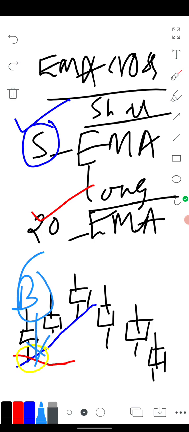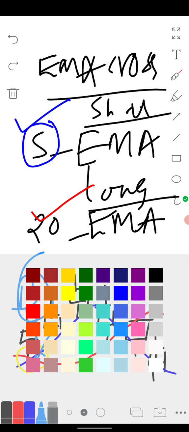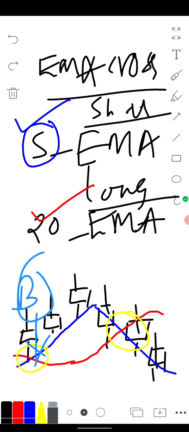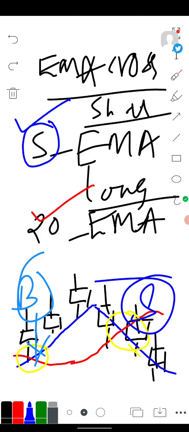And when the same blue line crosses below, if it goes like this, now you can see over here, in this place the short EMA comes below the long EMA, then we'll be taking a sell position over here. Sell position.